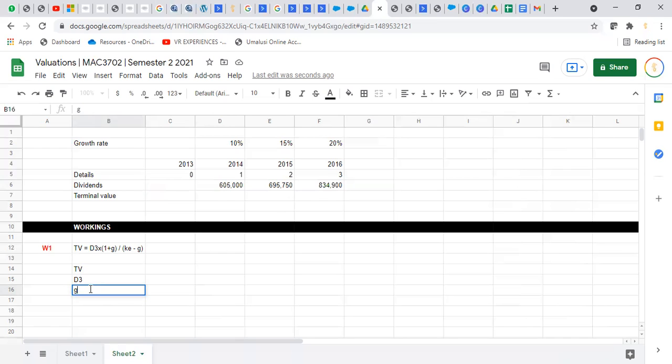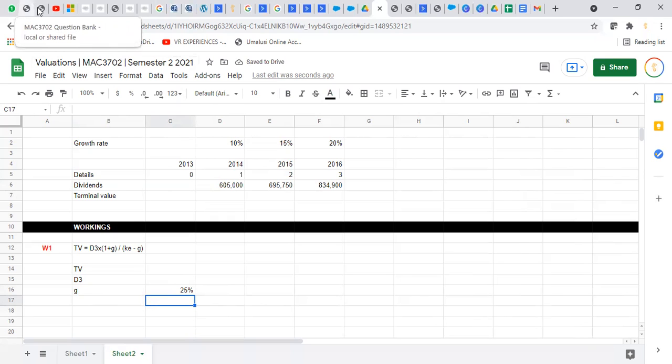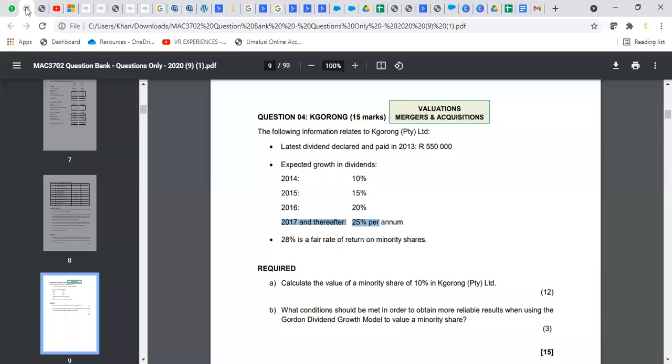From 2017, what's the growth rate? It is 25%. That's what they told us. So when you see the word thereafter, or for the foreseeable future, that means from 2017 and forever and ever, it is now constant. That tells you that you are in the terminal value, the continuing value territory.